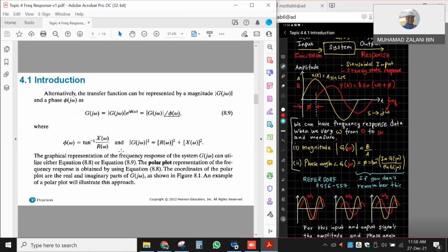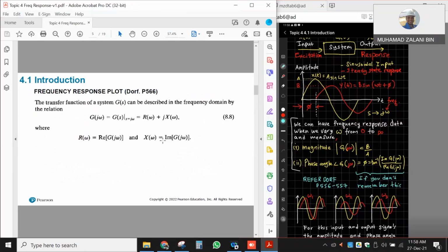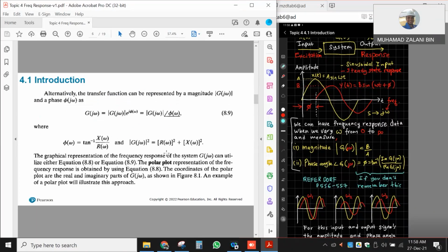Do you remember when you learned about the polar plot? For the real part and imaginary part of the system, you can determine the magnitude and phase angle by using this equation. Basically, in a control system, we can represent the behavior of the system by using the polar plot.